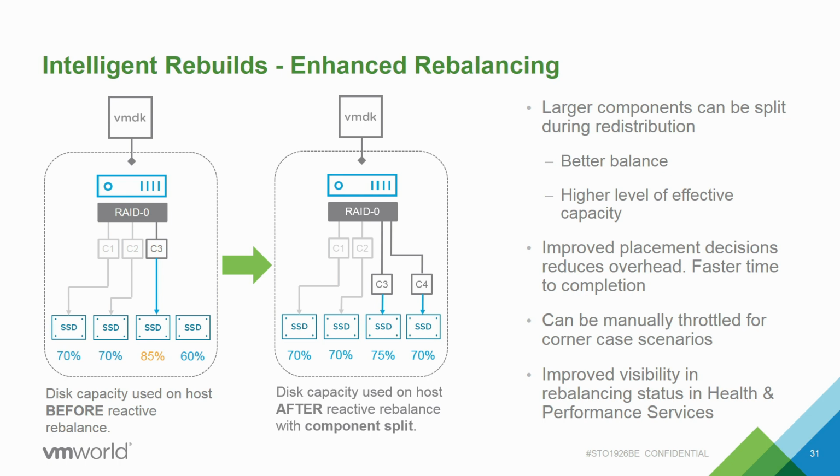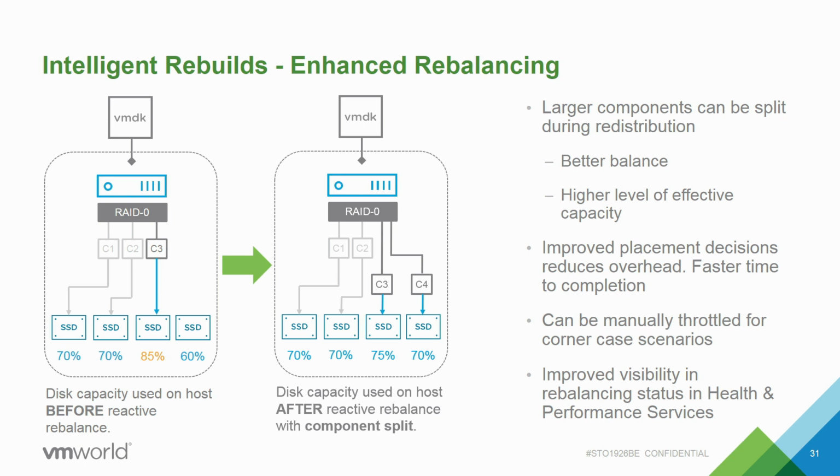But one problem would come up in these vSAN clusters that were much more full: they may not have a location for the component to move to. So in vSAN 6.6, we introduced this notion of enhanced rebalancing, meaning that it could split an individual component into smaller chunks. And what this does is that it can redistribute these components in a much more even fashion.